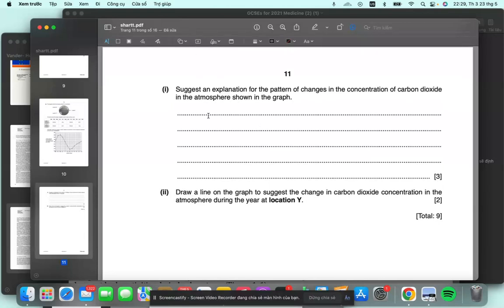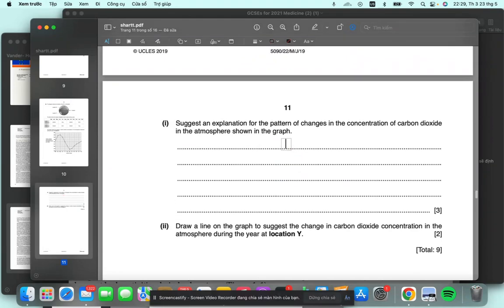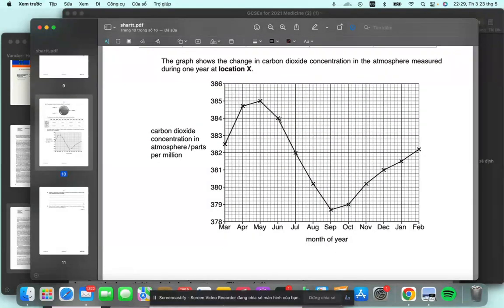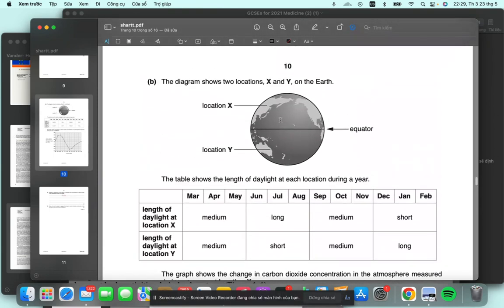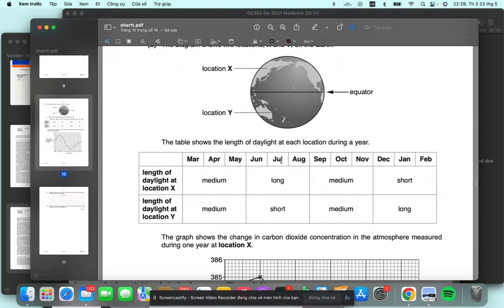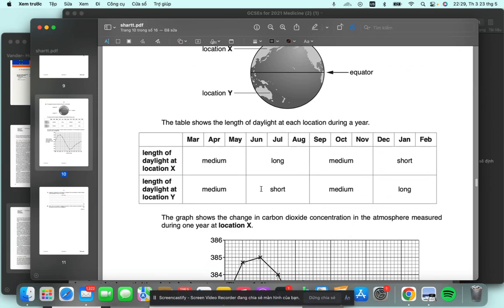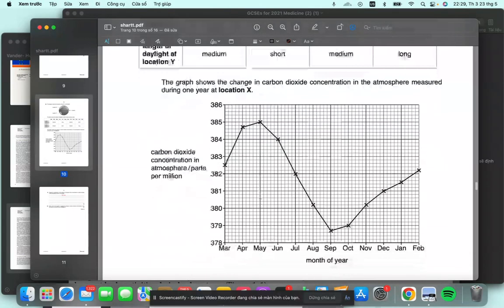Suggest an explanation for the pattern of change in carbon dioxide shown in the graph. So let's say what we see. Carbon dioxide concentration, length of daylight at location X: medium, long, medium, short.